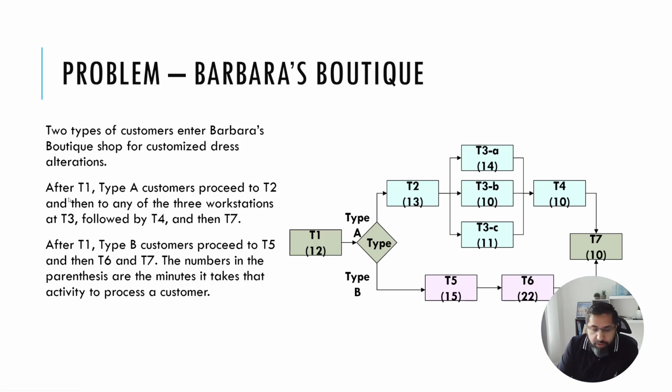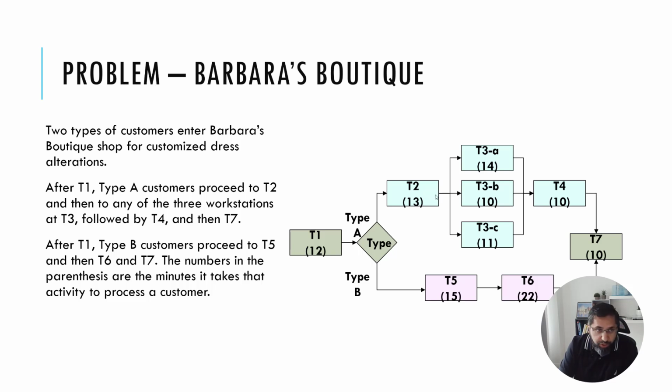Okay, so let's look at this process. We have step T1 that is taken care of for all customers. Then we have a decision box because we have 2 types of customers. The decision box will say, okay, what type of customer is this? If it's type A, it will go to step T2 at the top in the blue color.